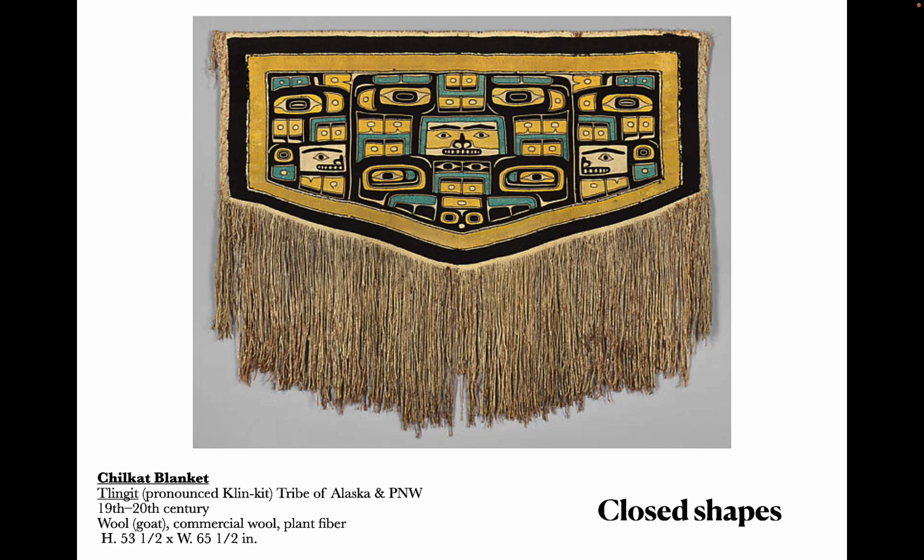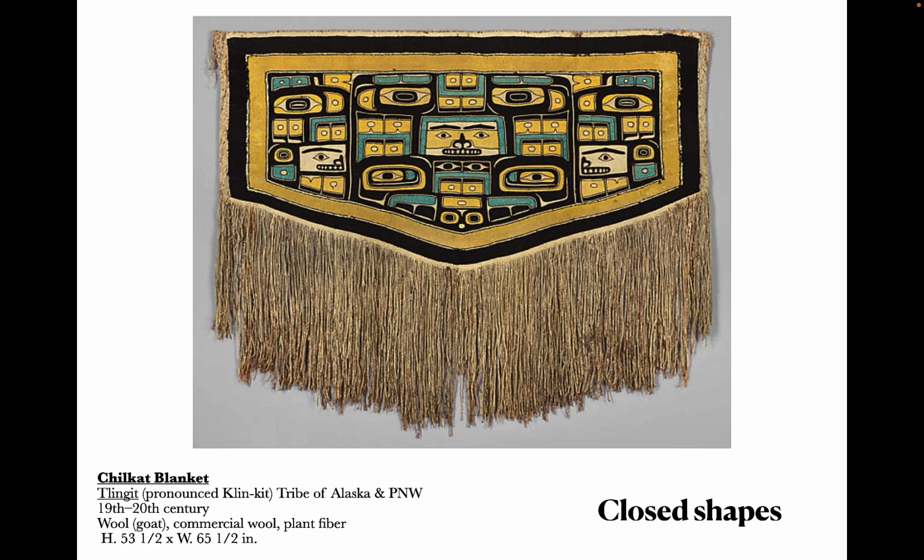We see eyes and nose and mouth. We see different things here, maybe some wings, but they're very stylized. They don't look like they look in reality. They're abstracted from reality, but they are representing something that exists in all of our observable reality. So this is a really graphic, bold style.